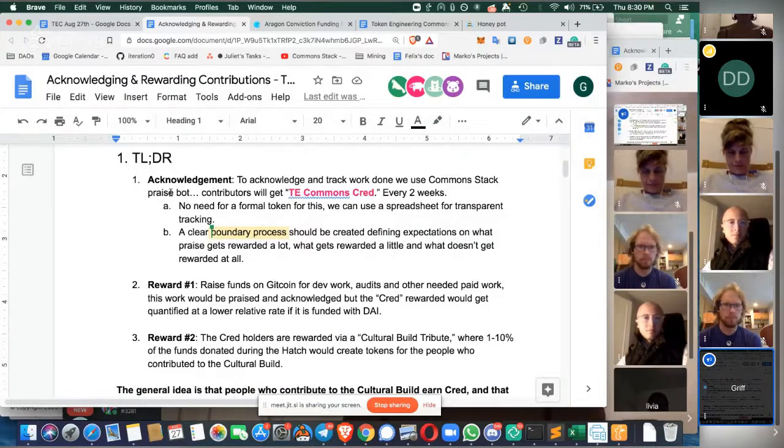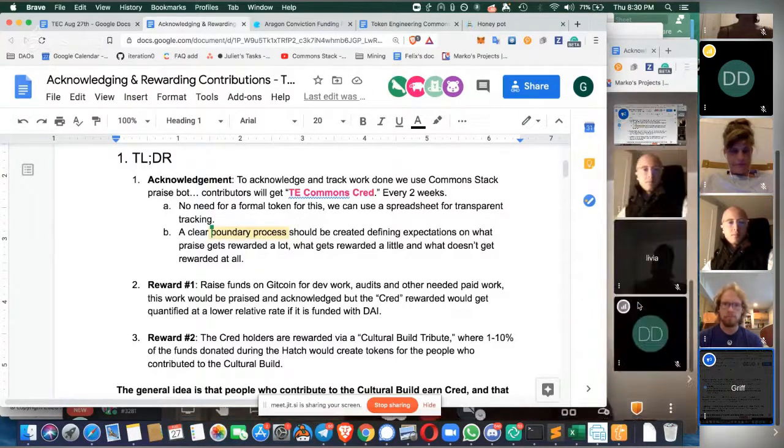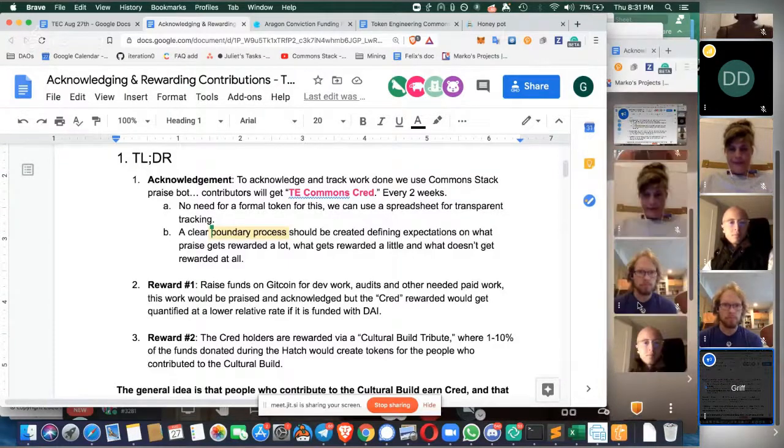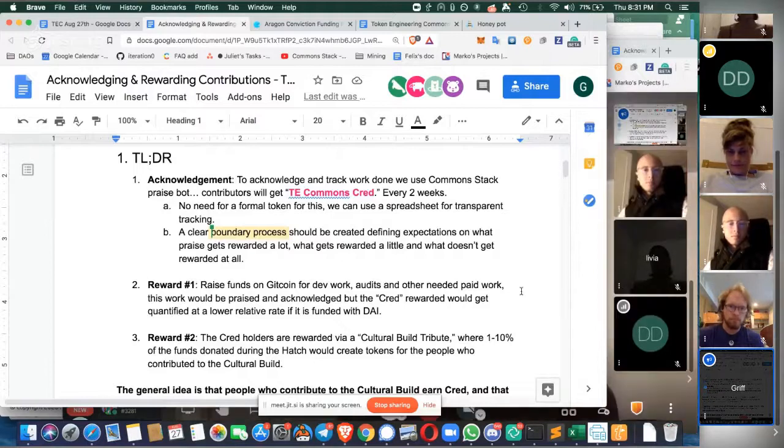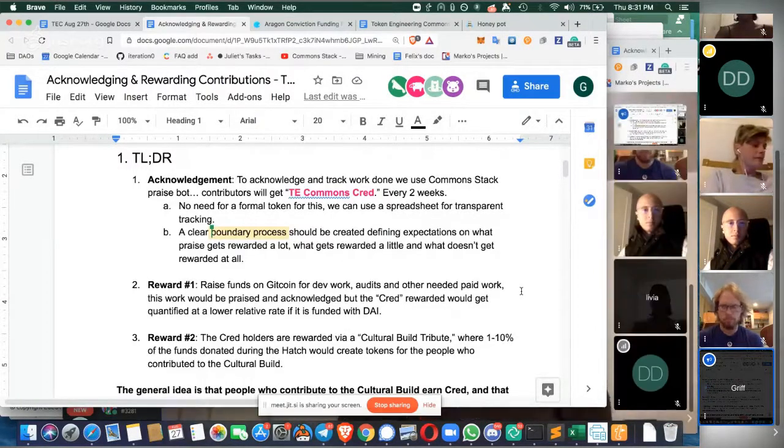The big piece here is we have to define a boundary process for what is, and create clear expectations, as I think Dog was saying during the early round, about what is worthy of praise. Like, does working on the Token Engineering Academy count as worthy of praise, even though it's not the token cred, even though it's not the Token Engineering Commons?